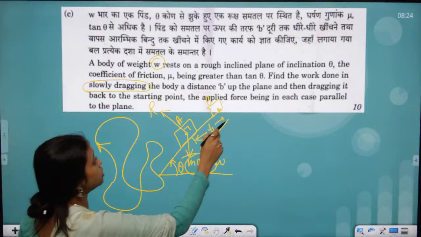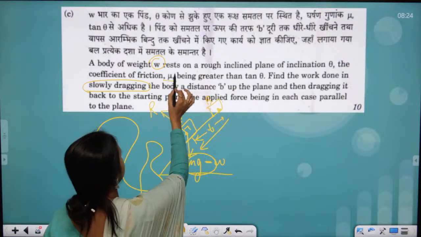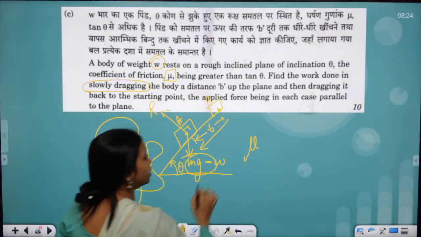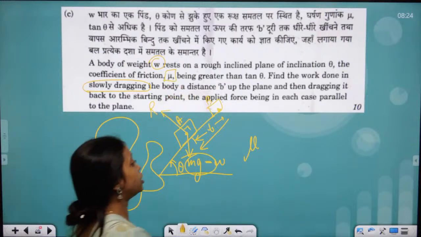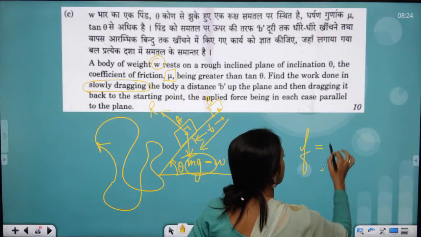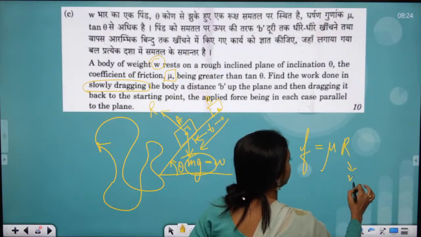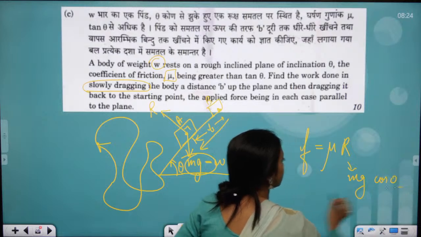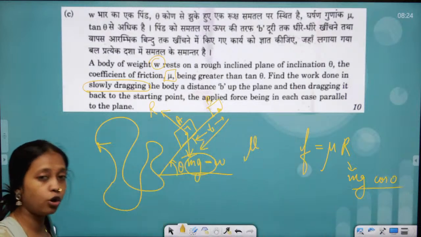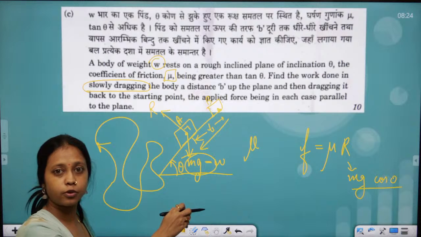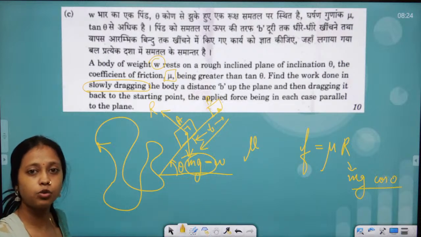But friction has done its job, because mu was given. What is friction? Friction is mu R, and R is mg cos theta. You remember all the formulas and the concept of friction; there was nothing in the question.